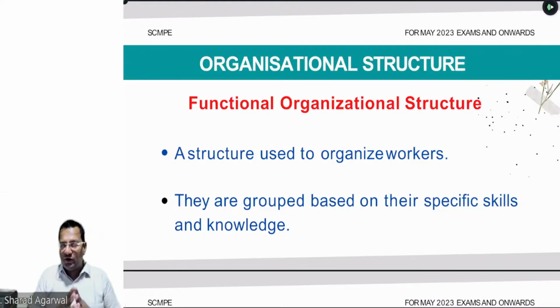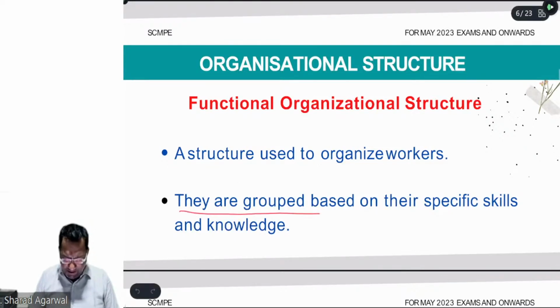So if the organization functions on a functional organizational structure, the benefit of responsibility accounting cannot be exploited because more or less the decision-making power is centralized. So let's read from the slides, beta. A structure used to organize the workers. Workers are grouped according to their specific skill and knowledge.